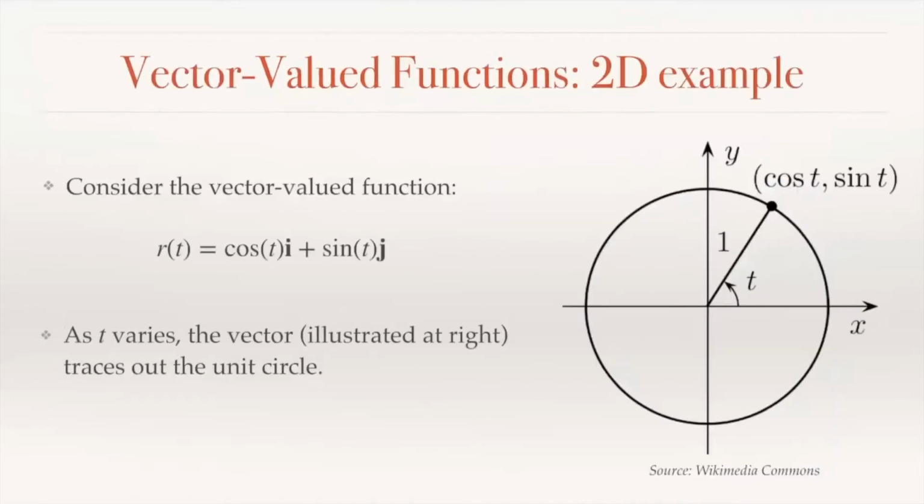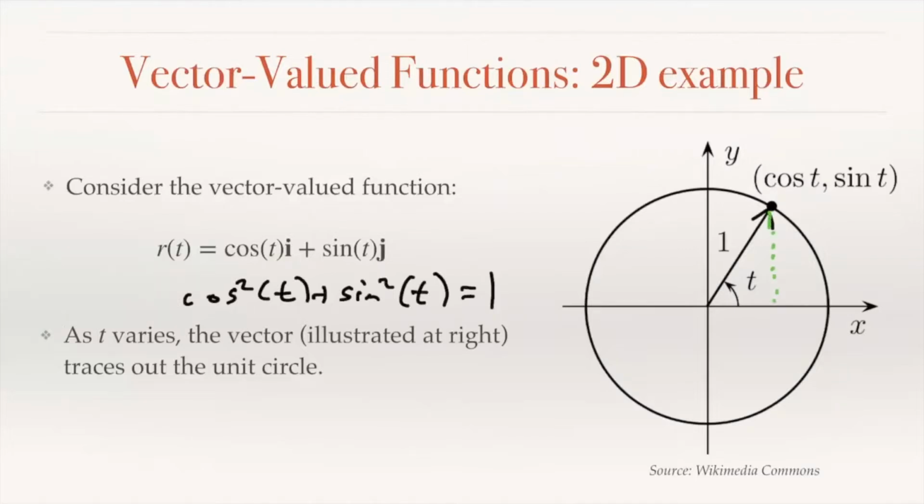And we can also have vector valued functions in 2 dimensions. So for example, consider this vector valued function, r of t is cosine t i plus sine t j. First, recall that sine squared plus cosine squared is 1 by the Pythagorean theorem. And we can think of these different vector outputs.